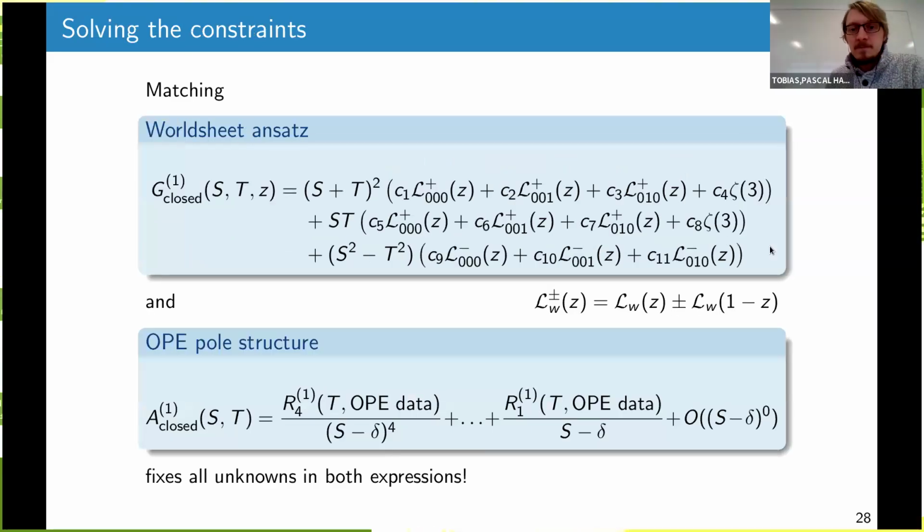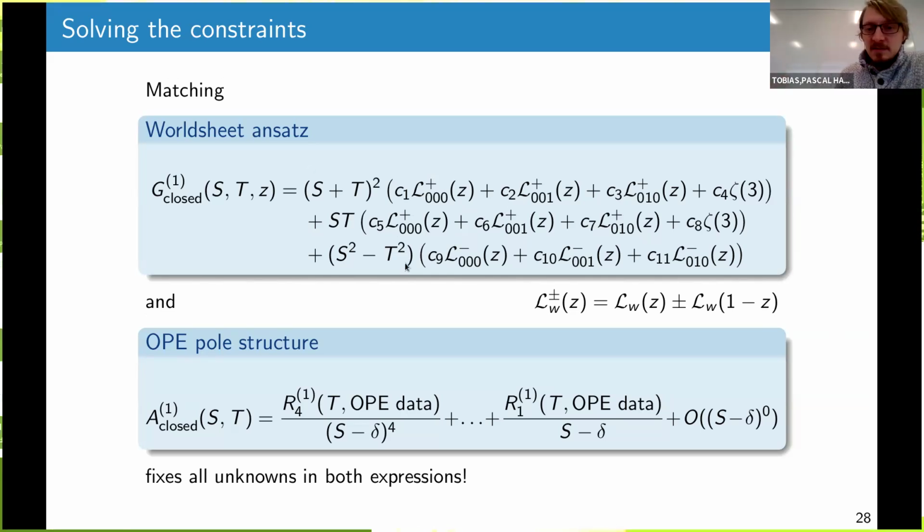Okay, so this is then explicitly the ansatz. So it's weight 3, degree 2 polynomial in S and T, and we use these combinations of L of Z and L of 1 minus Z to give it this crossing symmetry. So the L pluses are multiplied by symmetric polynomials, and the L minuses are multiplied by antisymmetric polynomials.